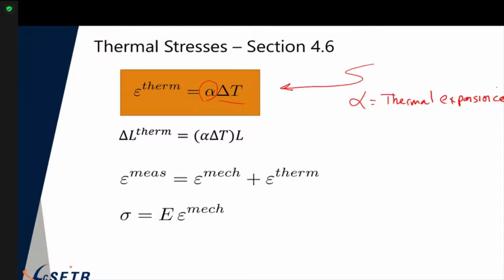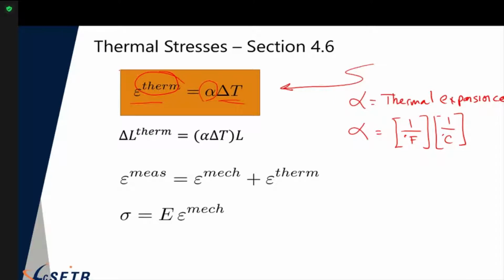If you look at the units, strain is dimensionless, and delta T is in units of temperature, degrees Fahrenheit or degrees Celsius. So alpha will have units of 1 over degrees Fahrenheit or 1 over degrees Celsius. That tells you that if you have a temperature change, what is the thermal strain that develops. And I'm making a point to call this thermal strain, and you'll see why in a second.